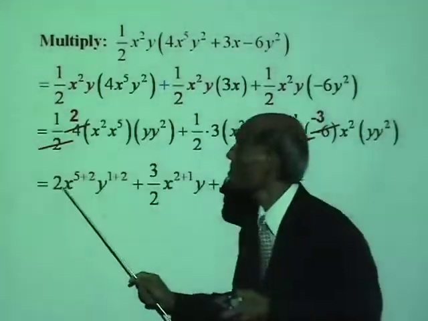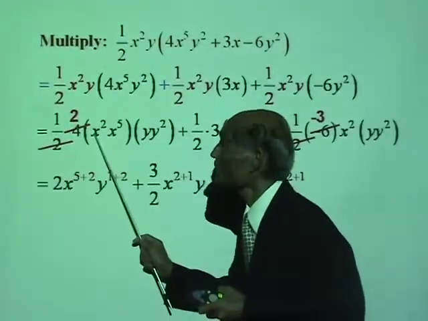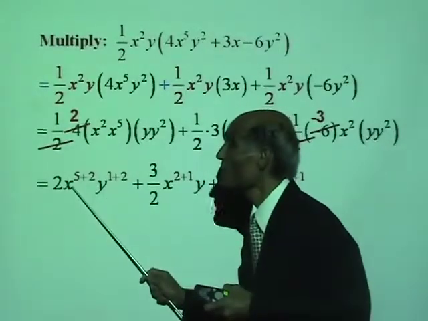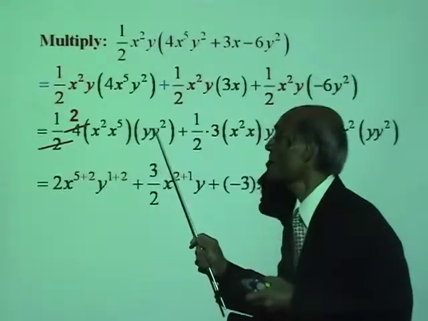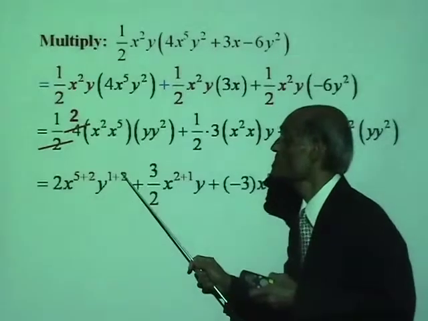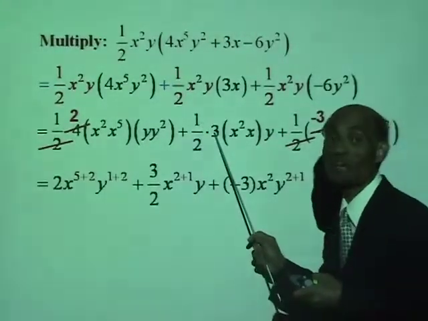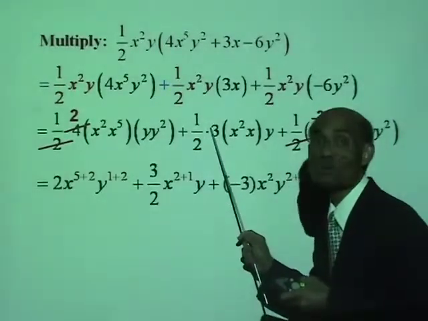Alright, so this will be now, this is 2, and x to the power of 2 times x to the power of 5 is x to the power of 5 plus 2. y times y squared is y to the power of 1 plus 2, plus 1/2 multiplied by 3. By now you know that this 3 belongs to the numerator.